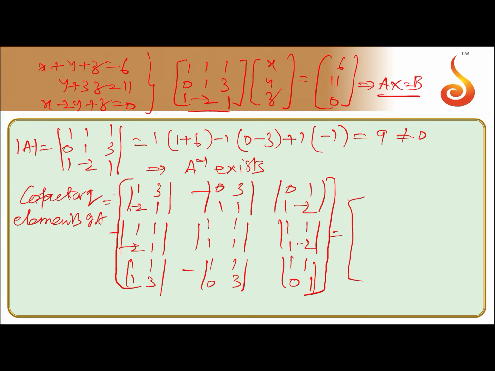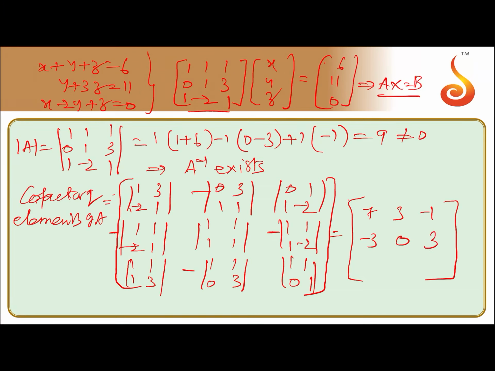Let me evaluate these values. 1 plus 6, it is 7. And 0 minus 3, and 0 minus 1. 1 plus 2, 3 with the minus sign. 1 minus 1, 0. Minus 1 minus 2. Of course, we have to take the minus sign here.